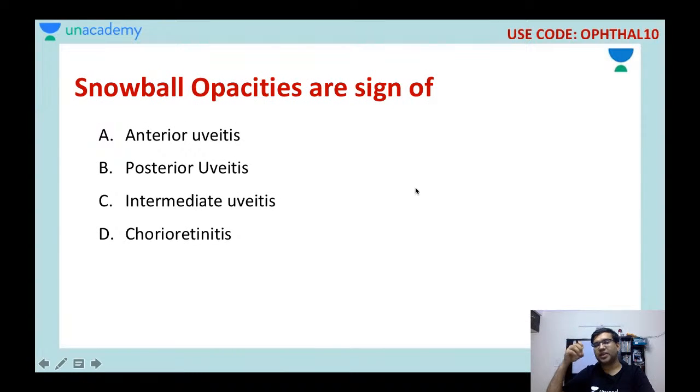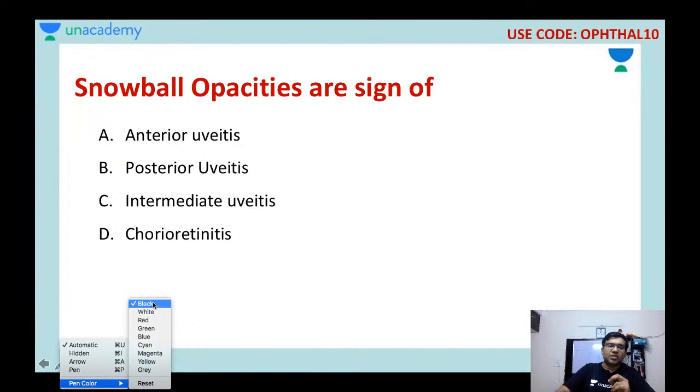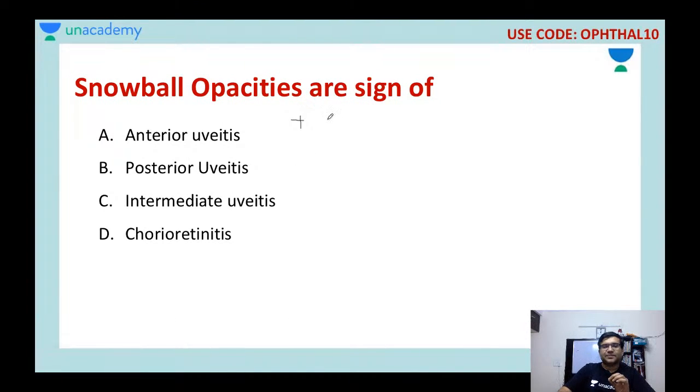Then our next topic is snowball opacities. Snowball opacities are the signs of which of the following? Anterior uveitis, posterior uveitis, intermediate uveitis, or chorioretinitis. So remember, the snowball opacities are the signs of the inflammation of the pars plana region of the ciliary body.